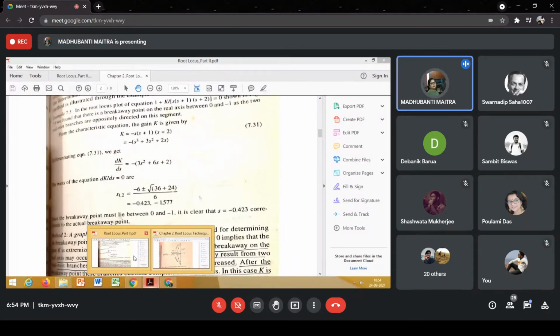Because what is the definition of breakaway point? At breakaway points, multiple roots of the characteristic equation occur. Multiple roots of the characteristic equations are located, right? So that means breakaway points are on-locus points. Breakaway points will always lie on the root locus, right?